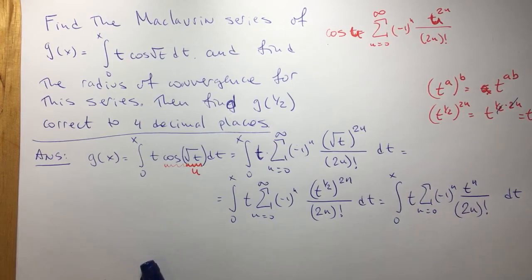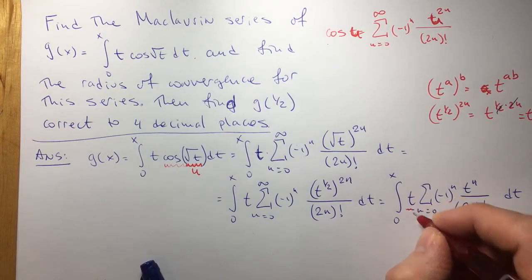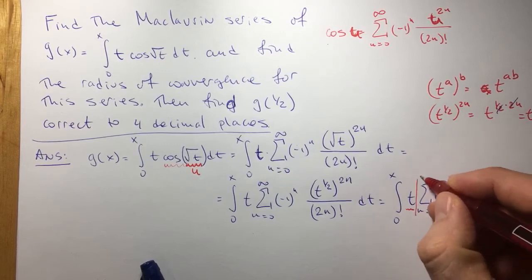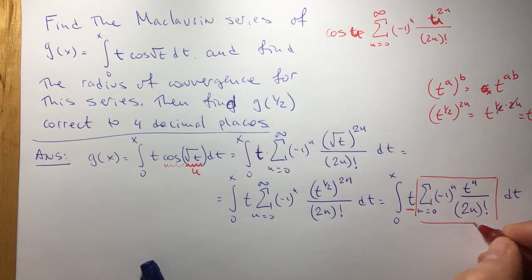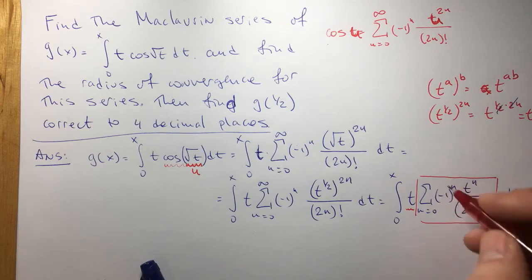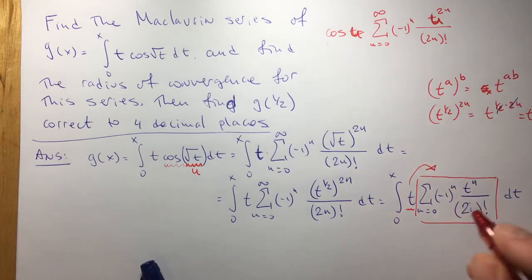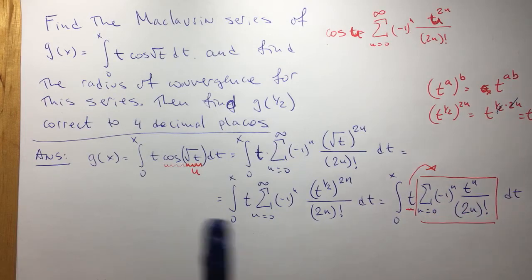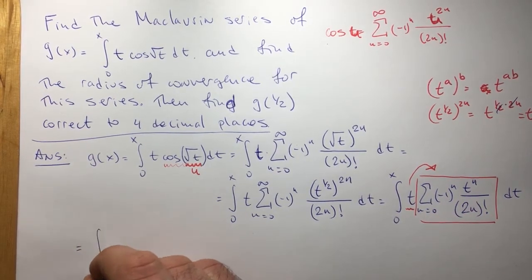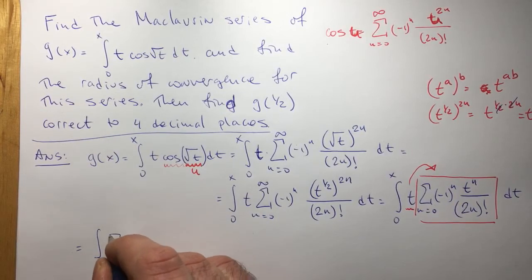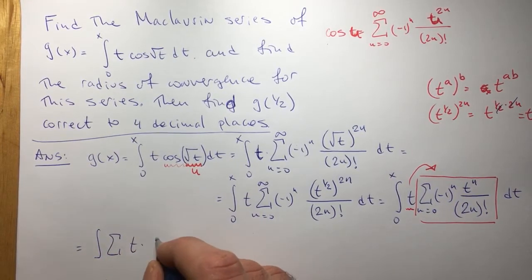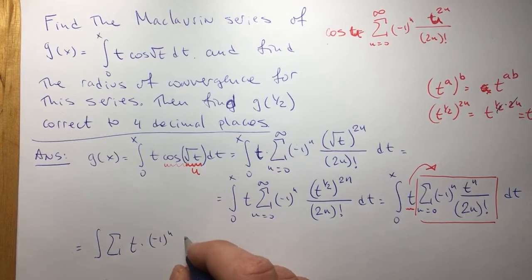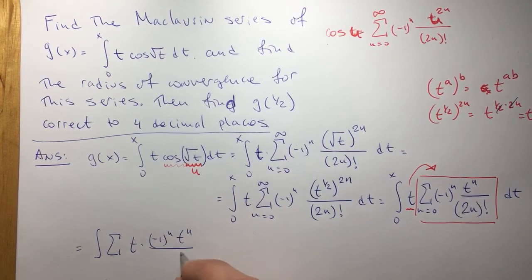Now consider this t, and treat the sum as an infinite polynomial, which it is. Any polynomial multiplied by a factor of t means that this t will multiply every single term in this polynomial. So I'll have t times negative 1 to power n, t to the power of n over 2n factorial dt.